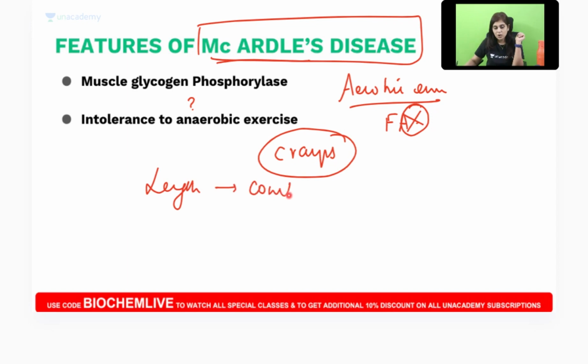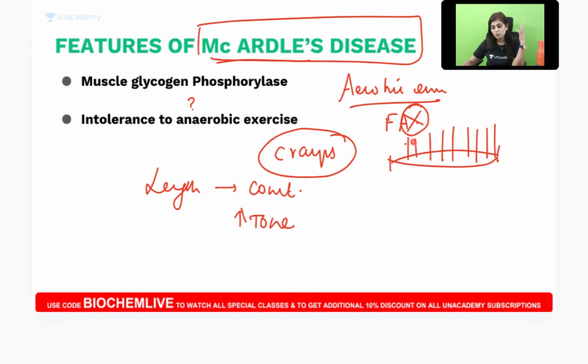Yeah, when the length is constant between two fixed points, when the muscle contracts, what will happen to the tone, all of you? The tone increases enormously. When the tone increases, what will happen to the blood vessels which are getting into those muscle fibers?